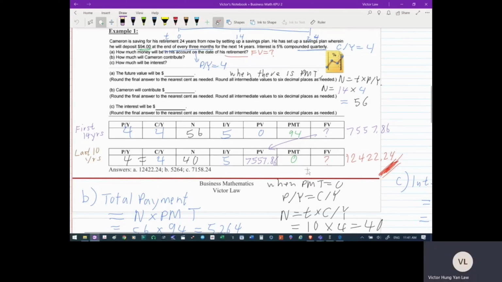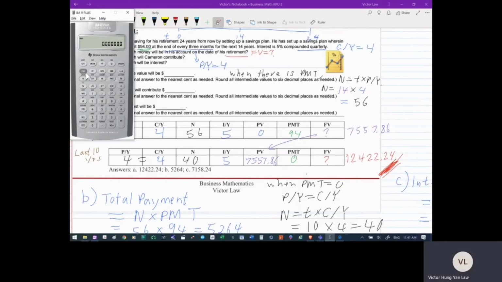So once we have everything filled out, then we can solve for the future value. Second function, PY. PY is 4, CY is 4, so 4, enter, go down, CY, 4, enter, then you clear, and then you have 40 for N, so 40, and then N, and the next number is 5. 5 is your nominal interest rate, so 5 I/Y, and then you have your present value, so present value is 7557.86, that's your present value.